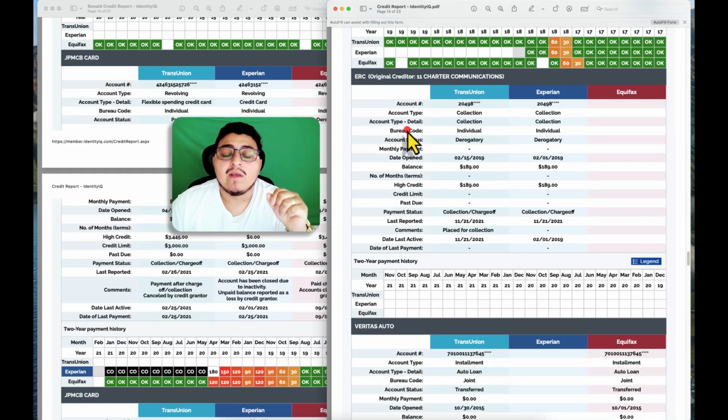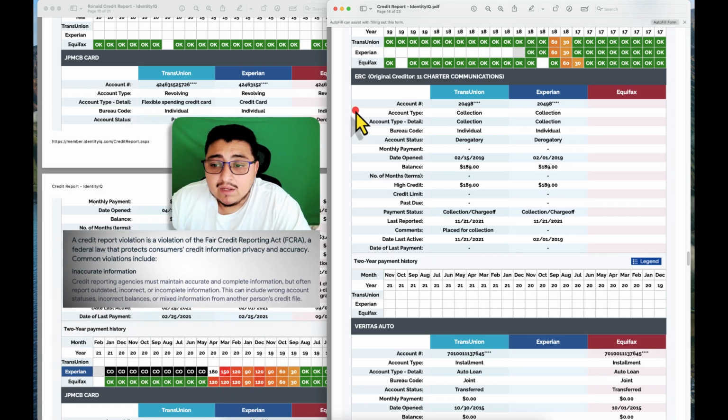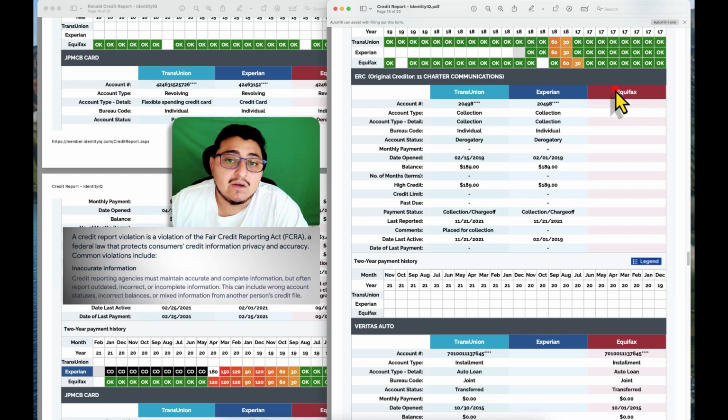Okay, perfect. Here, the original creditor is Charter Communications. Again, it's in parentheses. And ERC, the collection company, the junk debt buyer, bought this debt from Charter Communications. Just like we found the violations and the discrepancies, it's the same way we're going to do it for a collection account. Now, if you notice here, this collection account is not being reported to Equifax, and that is okay.